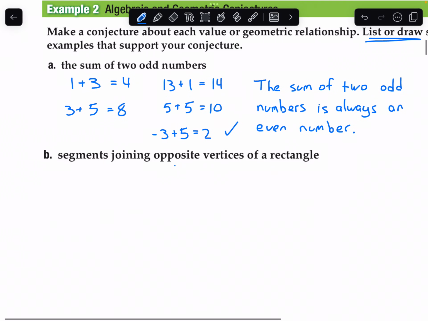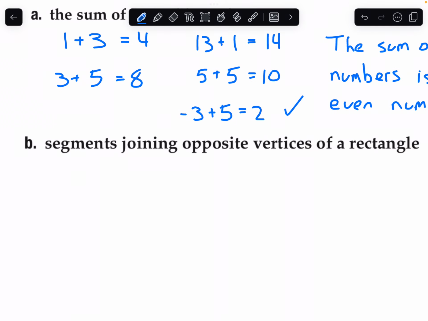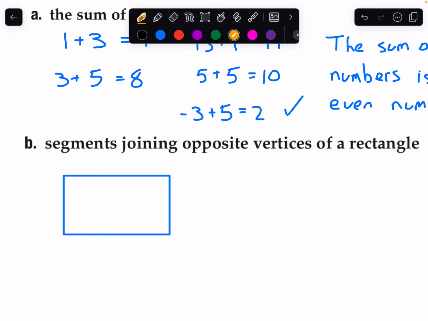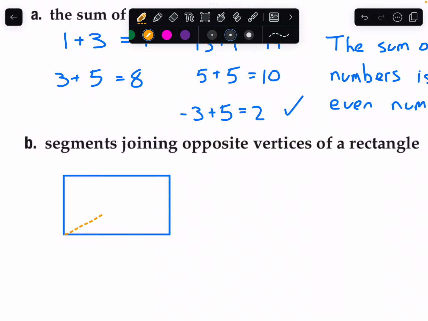How about segments joining opposite vertices of a rectangle? I'm going to be a little tricky here. Luckily, Notability does let me draw instant perfect rectangles. Segments joining opposite, let's make those a dashed line. Why not? Here to here, and from here to here.